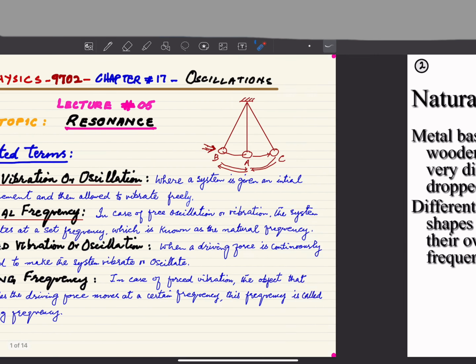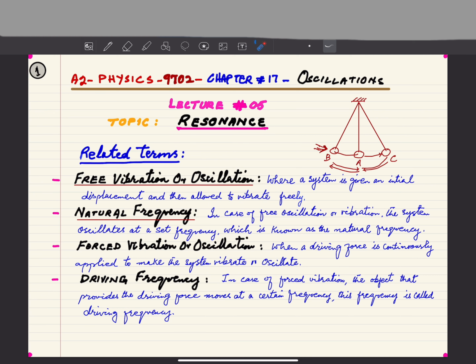This is very important to understand: when the driving force is continuously applied to make the system vibrate, this is forced vibration. As I said, if you have a pendulum and continuously feed energy, then the vibration will not be free vibration, but forced vibration or oscillation.